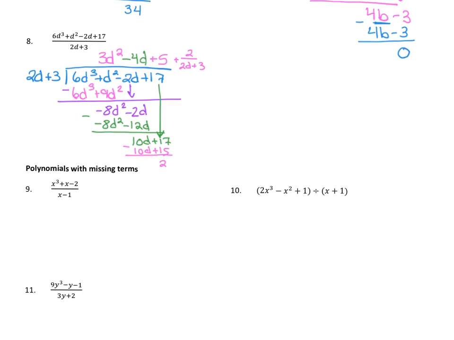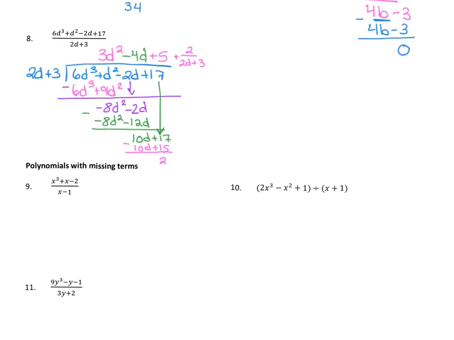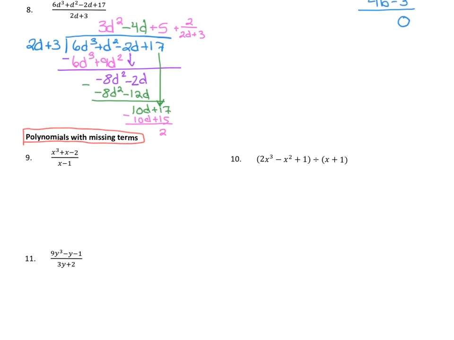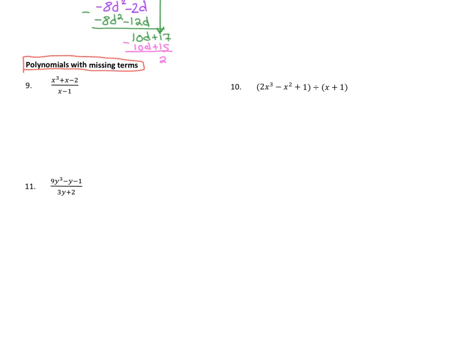The last thing we're going to look at is when we have polynomials with missing terms. So what does that mean? So it means that there is a gap between some of our terms. So if we look at this first one, I have an x cubed and I have an x. What I don't have is an x squared.